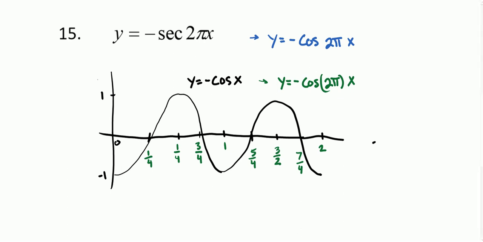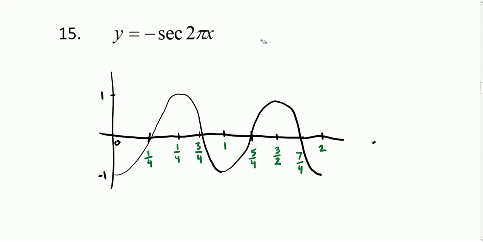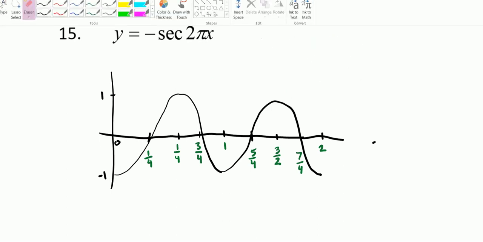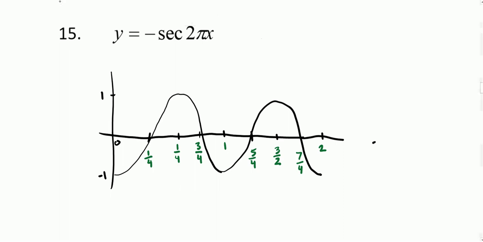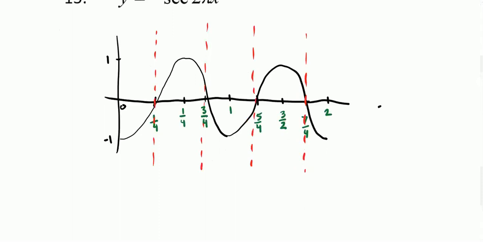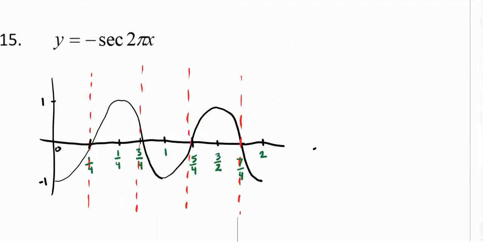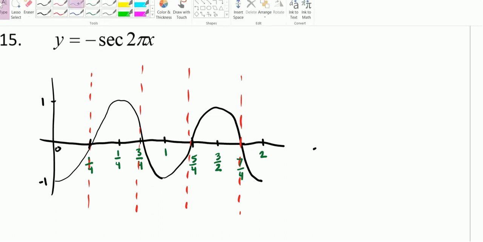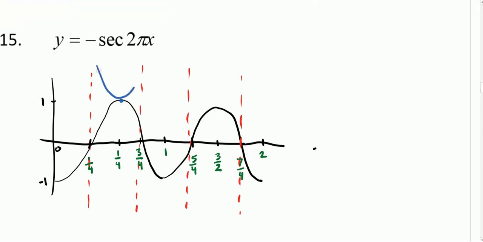Now we are done with cosine as our helper function. We're ready finally to put on the negative secant 2 pi x. So wherever that cosine function crosses 0, that's where we're going to put our vertical asymptotes. And wherever there's a maximum, that's where you put your smiley face.